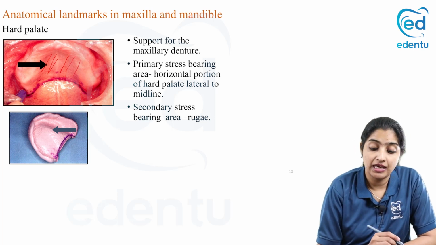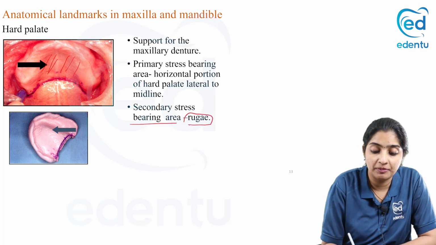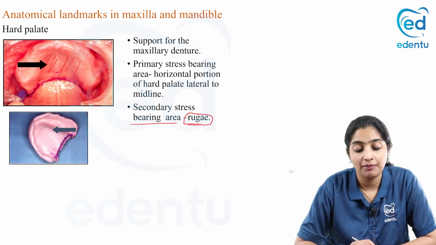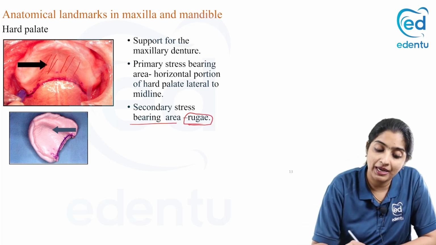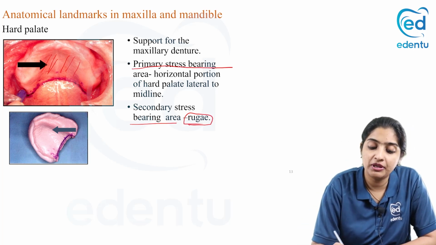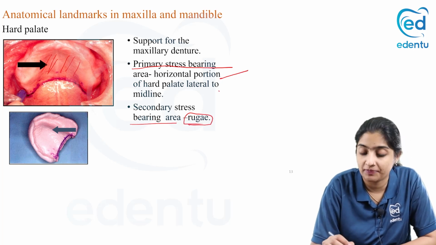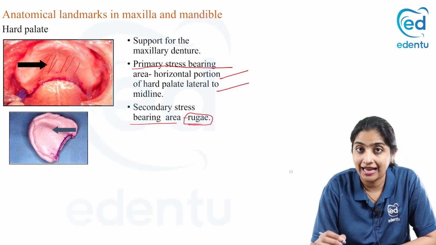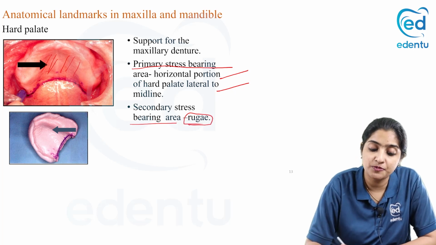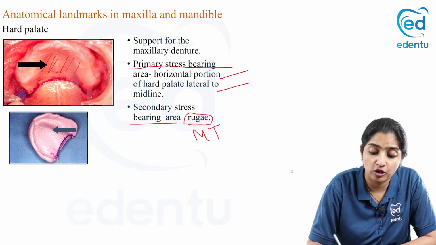Now, in the maxilla, the secondary stress bearing area will be the rugae and your maxillary tuberosity. The primary stress bearing area will be your hard palate and the ridge of the alveolus, and the secondary stress bearing area will be the rugae and also the maxillary tuberosity.